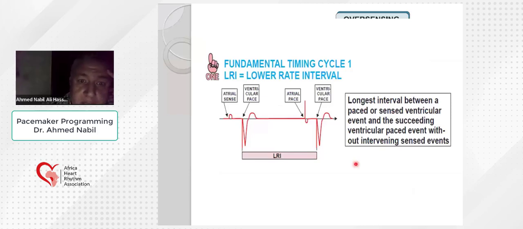And when I adjust the lower rate interval, it is translated inside the pacemaker as the interval between the paced or sensed ventricular event and the event that follows it, with the lower rate interval set in milliseconds as the longest interval permitted between a paced or sensed ventricular event and the succeeding ventricular event.